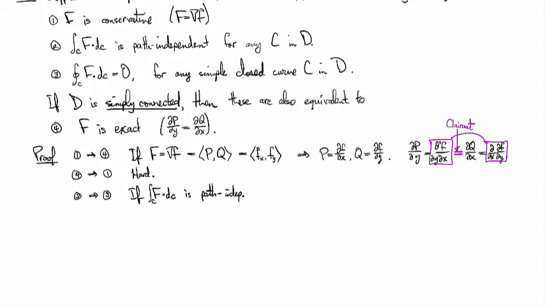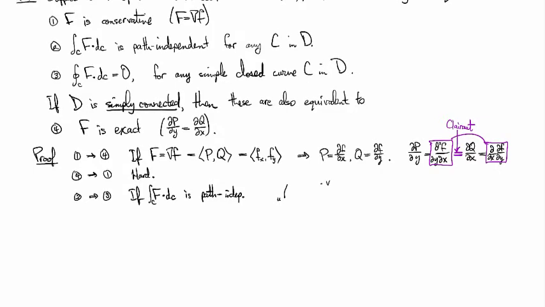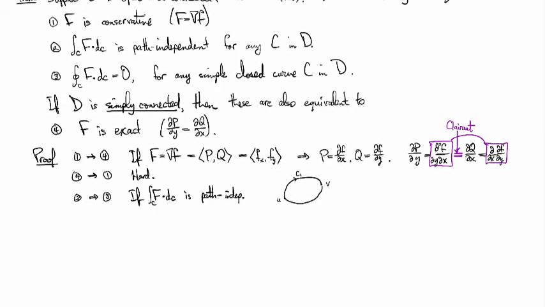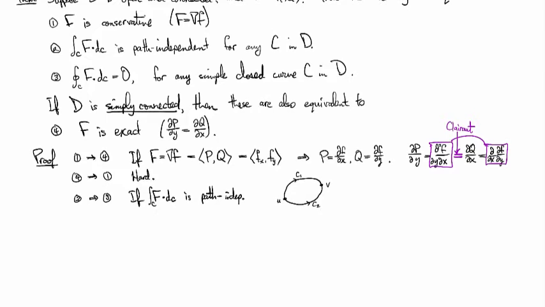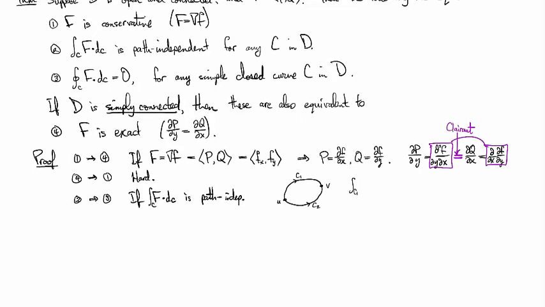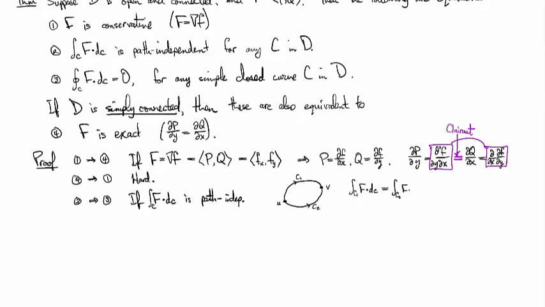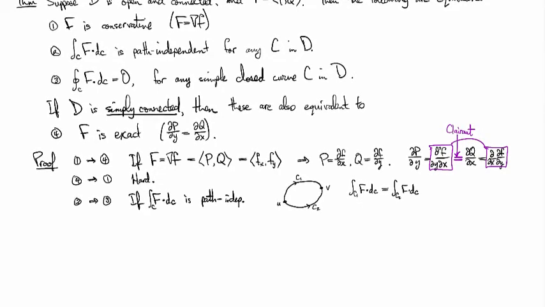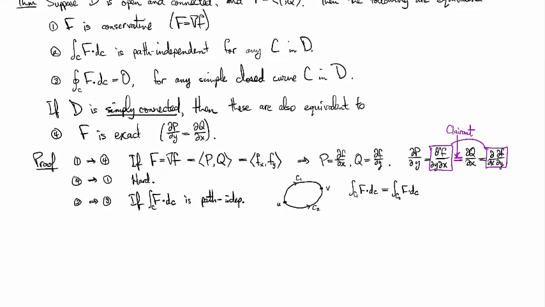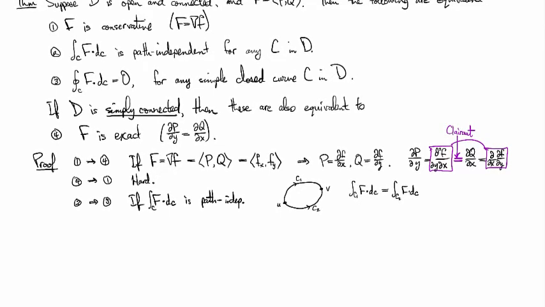What we'll do is talk about going from a point u to a point v, and we'll go around one way, and we'll go around another way. So the integral over c1 of f dot dc is equal to the integral over c2 of f dot dc, because path independence means it doesn't matter how we get there, it only depends on the endpoints, and both of these have u and v as their endpoints, so they should be the same.